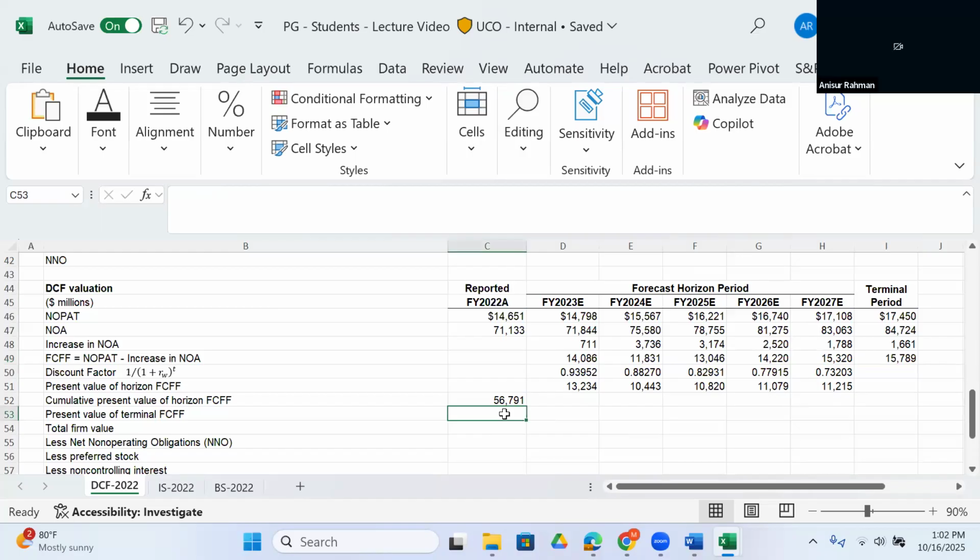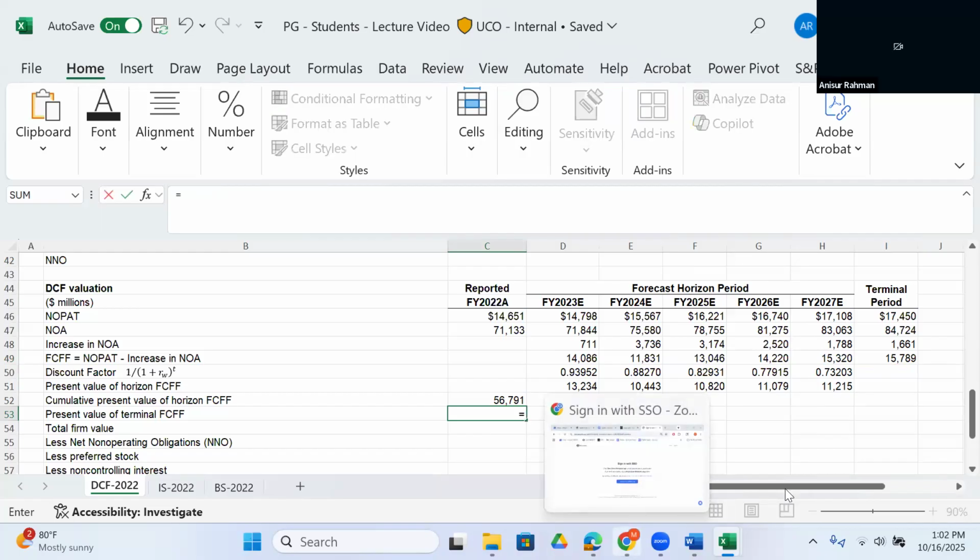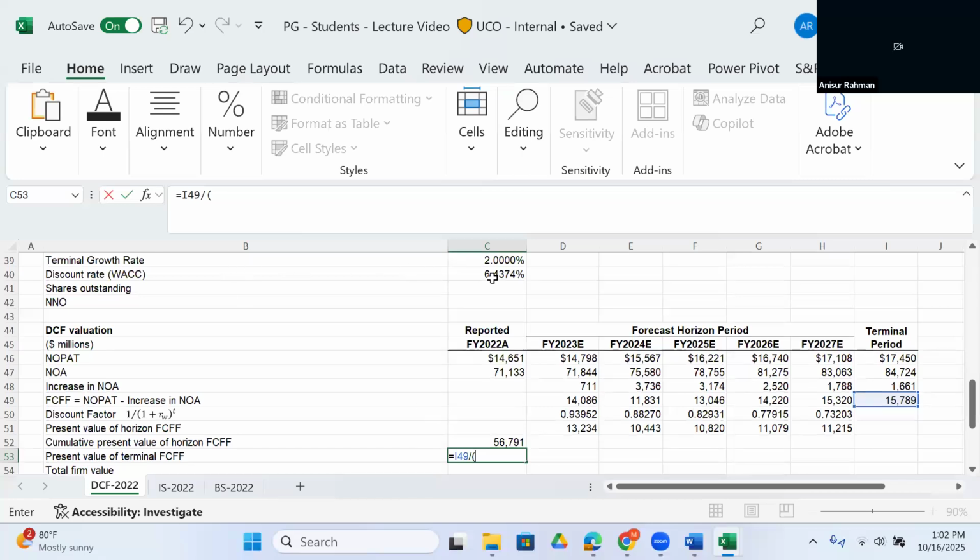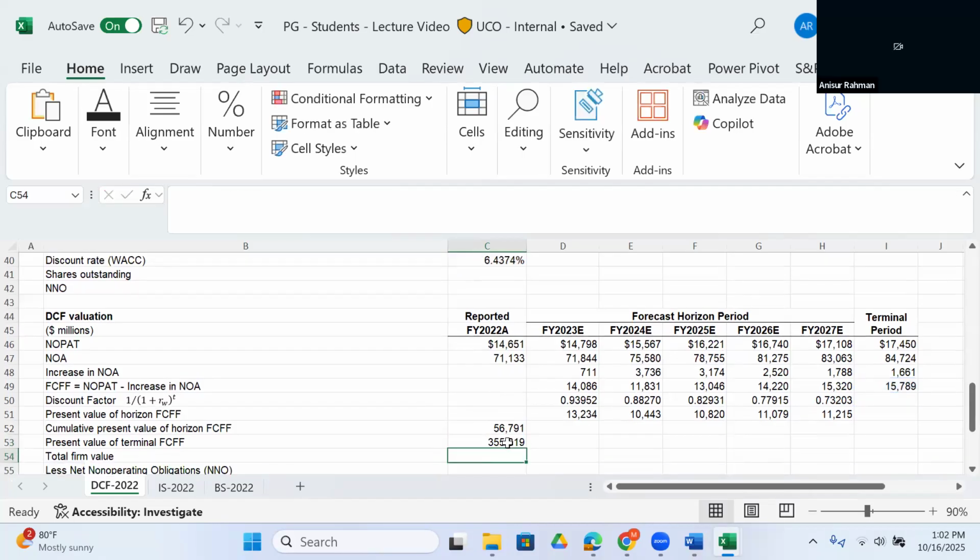So the first step is to find the present value of this free cash flow to the firm at the end of 2027, which is our free cash flow divided by, open parenthesis, our discount rate minus the growth rate. Now this stands at the end of 2027. To bring it to present, we need to multiply this by the discount factor.